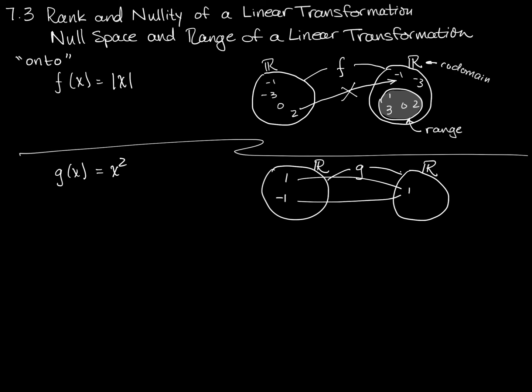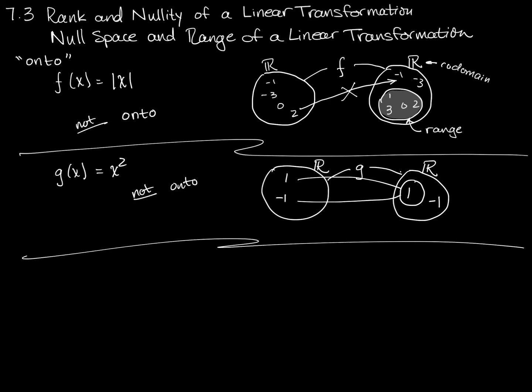Those will both map to 1. That's in the range, but -1 doesn't get used. So this is not onto. Did I say 1-1 a minute ago? I meant onto, not onto. And this one is not onto.